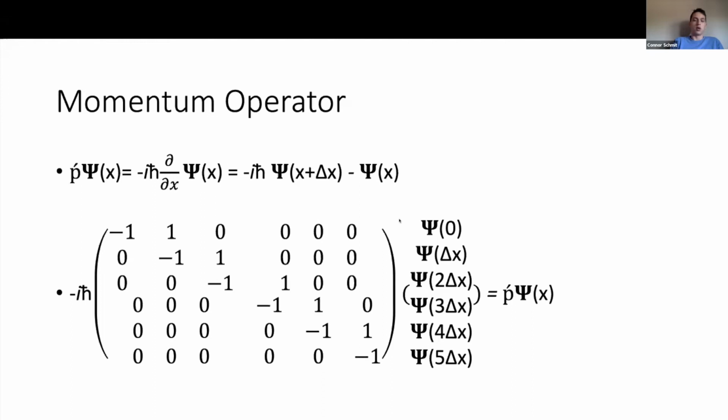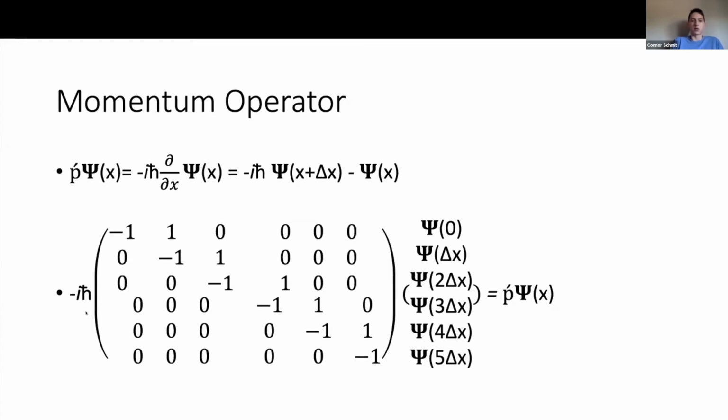So you'd initially do row times column, so it'd be negative 1 times psi of 0, and then 1 times psi of delta x, which would work out to psi of delta x minus psi of 0, multiplied by negative i h bar, and that would equal the momentum operator times the wave function. And then it would just keep progressing, shifting right one.